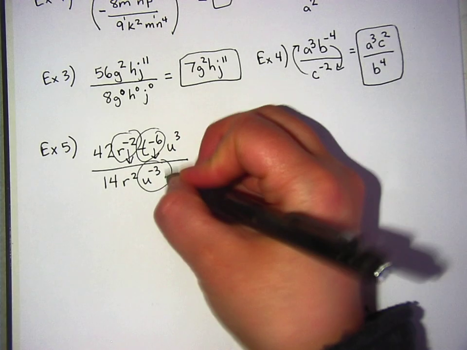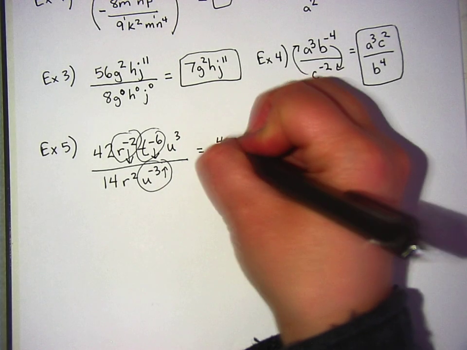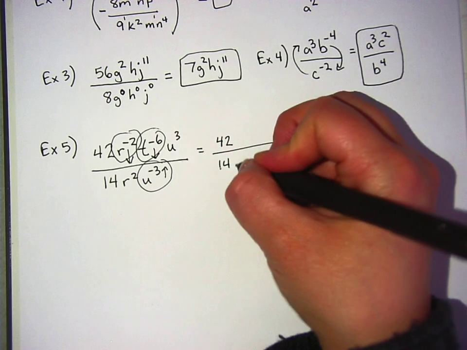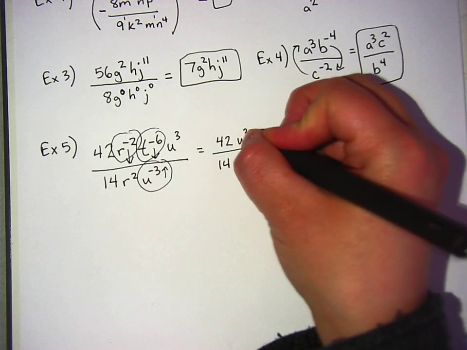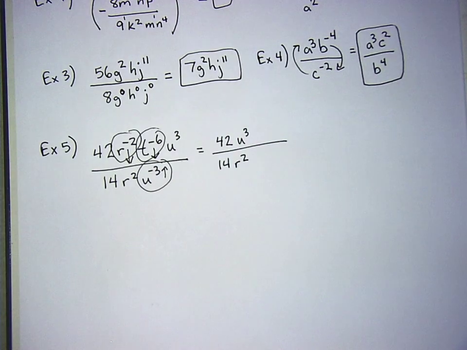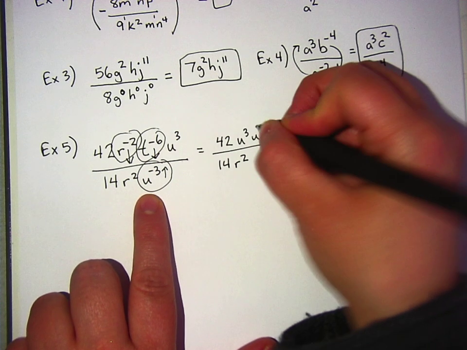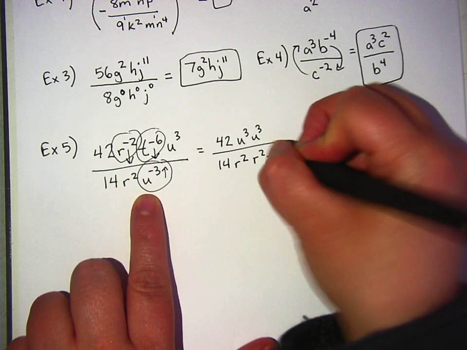This one is going to go up. So I'm going to rewrite this now. I'm going to write 42 on top, 14 on the bottom. I'm keeping that r squared on the bottom. I'm keeping that u to the 3rd on the top. And then I'm gonna switch anything that says to switch. Another u to the third goes on the top. Another r squared comes down here, and a t to the sixth comes down.